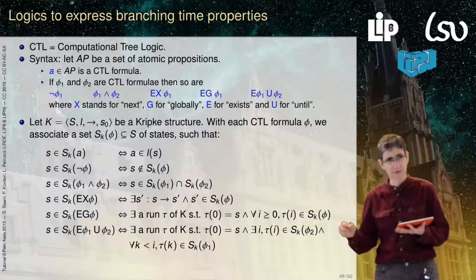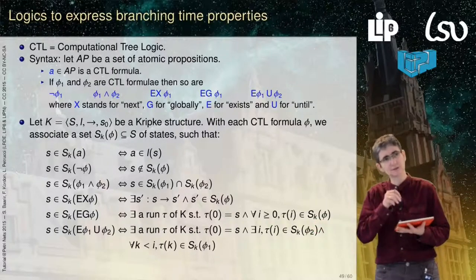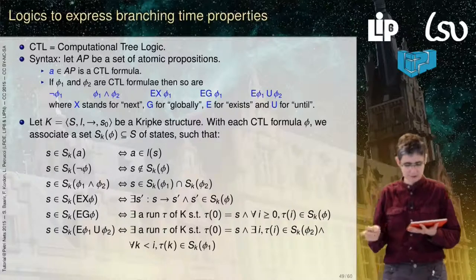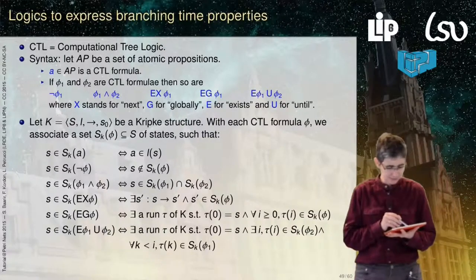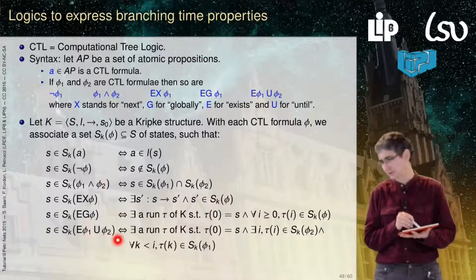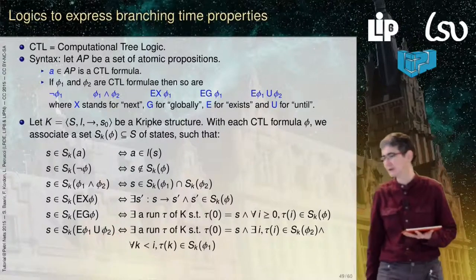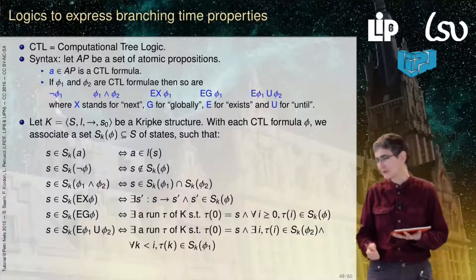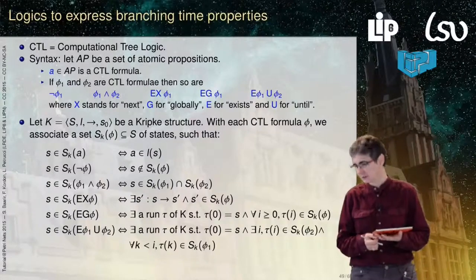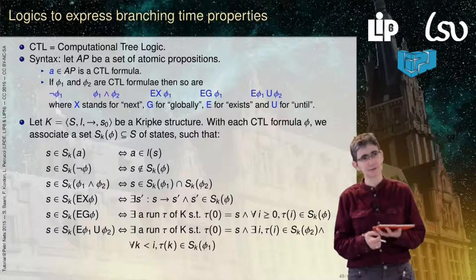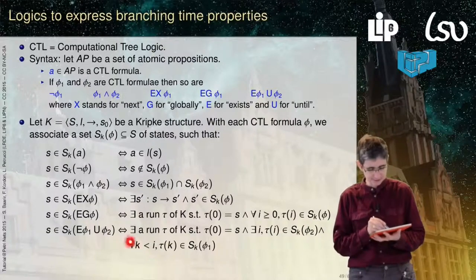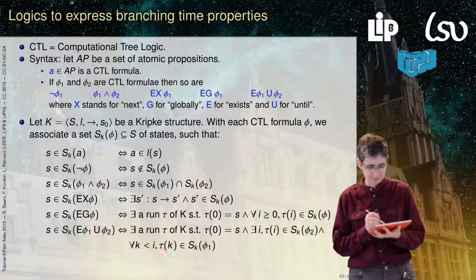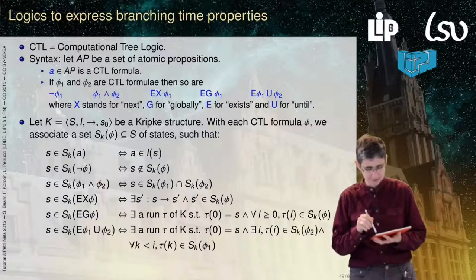And exists phi 1 until phi 2 looks at runs that start in state S such that phi 1 is satisfied all along until some index i, where the formula phi 2 is satisfied.